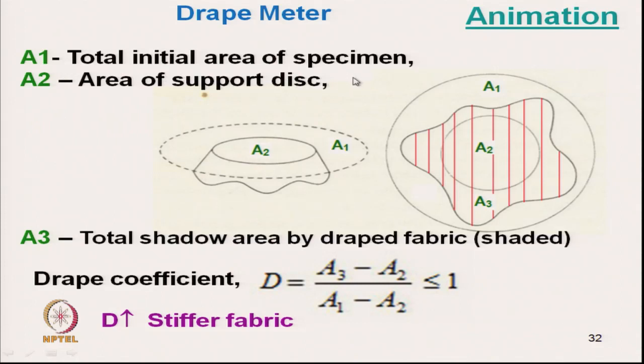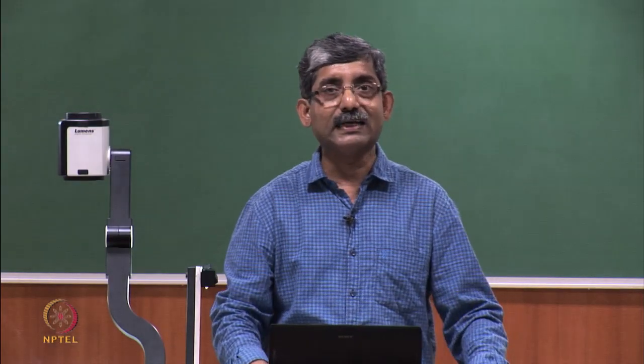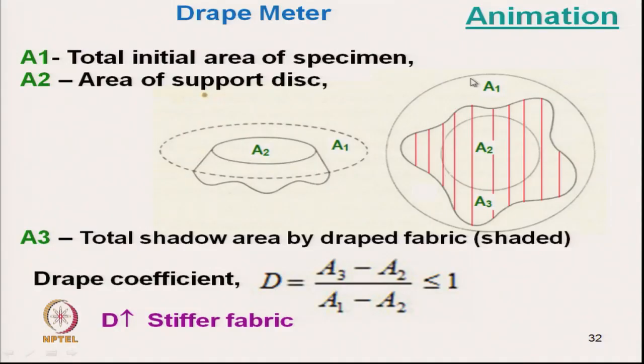We have cut the fabric, and as it is flexible, once we place the fabric on a support disc of a certain known area A2, on its own mass the fabric will start hanging, and this circle is the actual area of the fabric.